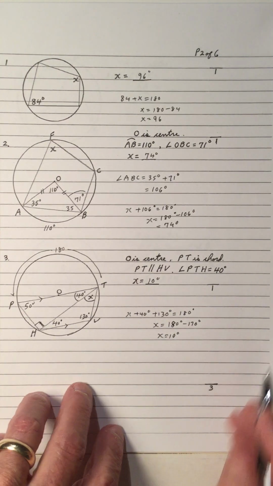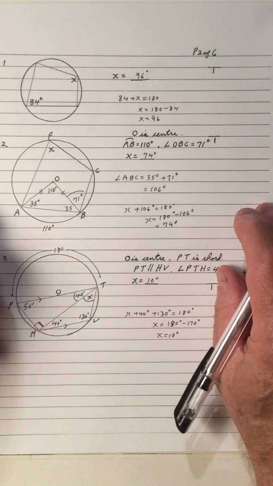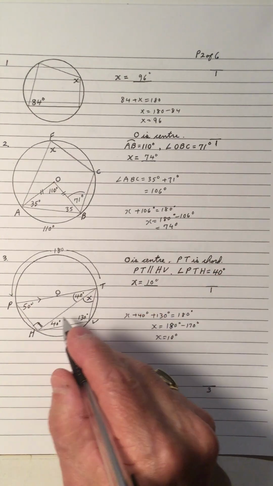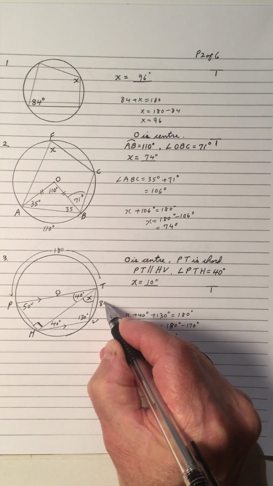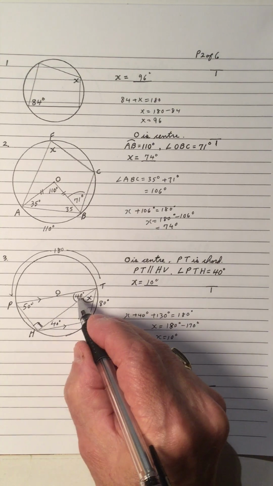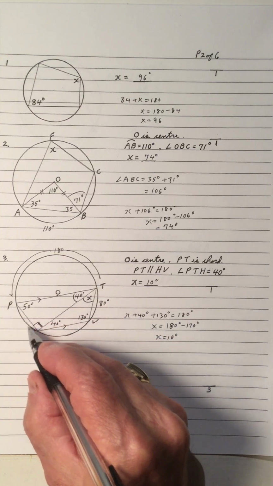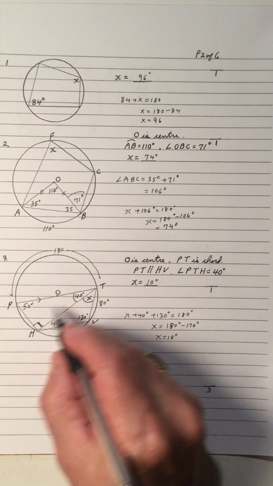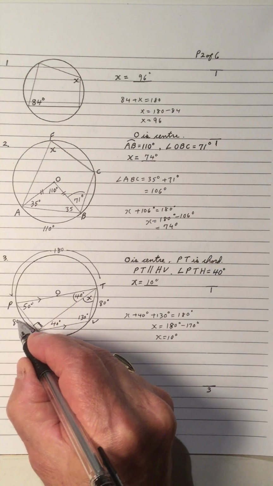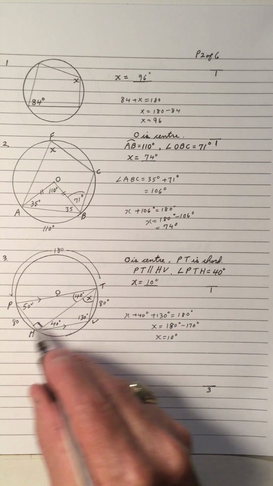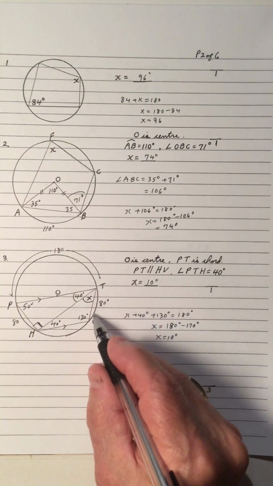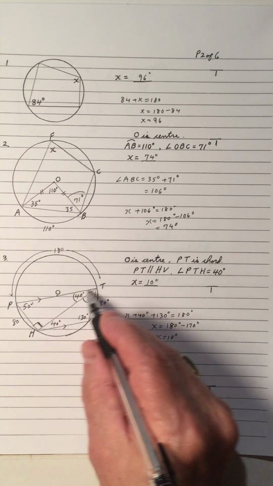Okay. And there are other ways to get that. I'll show you that. If this is 40, that means this arc TV is 80. If this is 40, this arc here is double the inscribed angle, so this is 80. So 80 and 80, and this is 180 here, a semicircle, because that's the diameter.